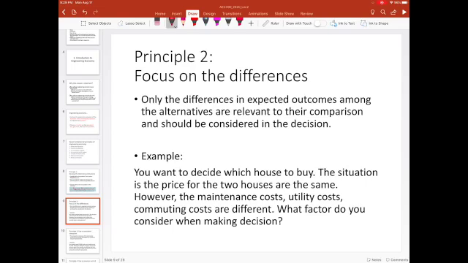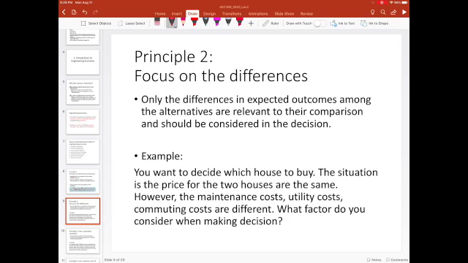That's what I mean. For example, you want to decide which house to buy. Okay, now you have two house candidates. The situation is the price of the two houses are the same. So that's something they share. They have the same price. However, the maintenance costs, the utility costs, the commuting costs are different for these two houses.